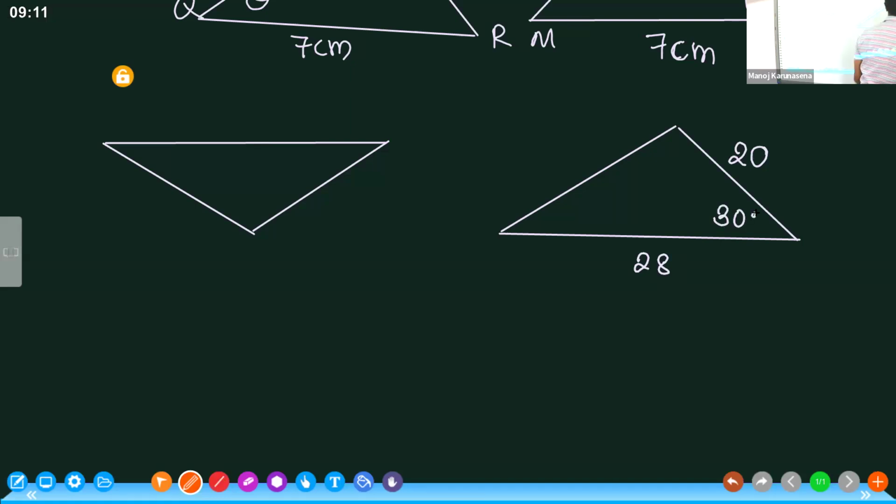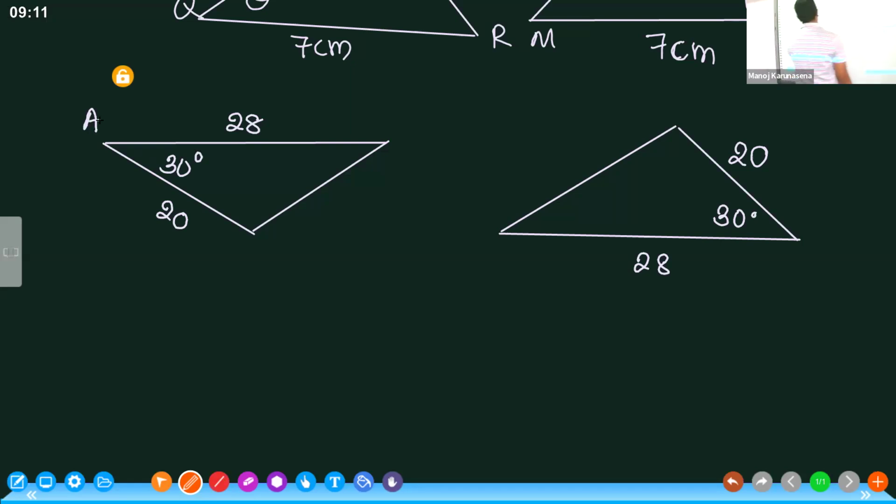This angle is 30 degrees. Now in this triangle, this side is 28 centimeters, this side is 20 centimeters, and this angle is 30 degrees. Those two triangles got congruent to one another. We have done the activity as well.